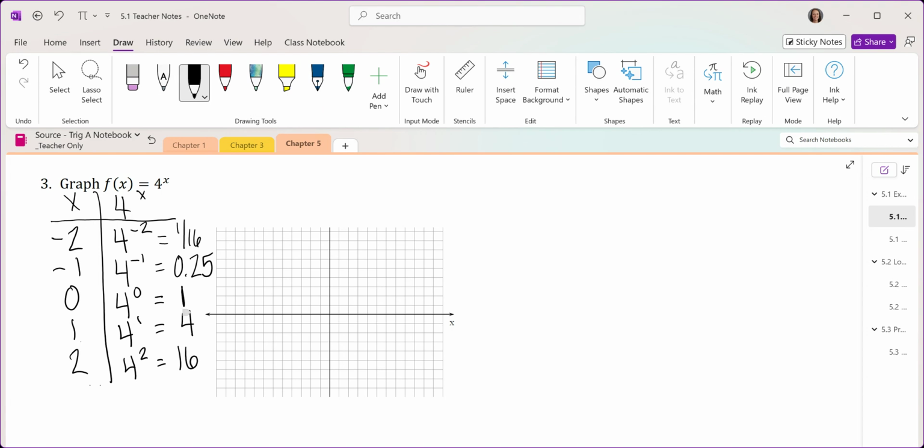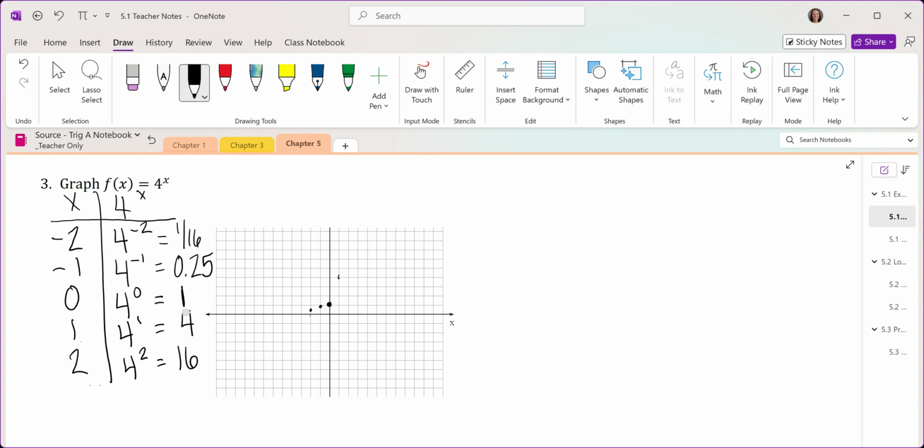Now, the reason why I'm not too concerned about your graphing is because these numbers would be really hard to actually graph. -2, and then it would be very close to the y-axis. -1 would be here. 0, 1. You can graph that one. 1, 4.